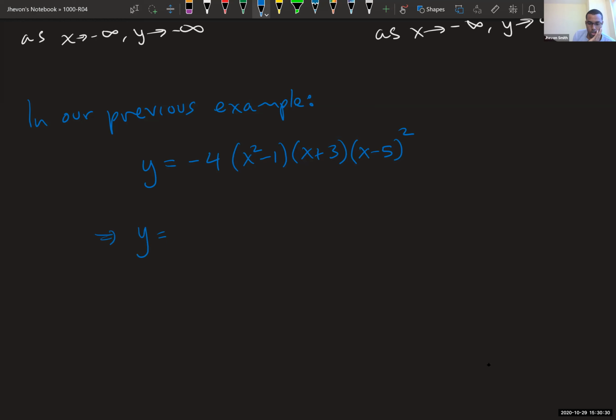Like if I were to multiply this out, I would definitely get a minus 4x to what power? X to the fifth. How did you get that? I just multiplied the x to the second times x times x times x. Okay, can you give me a short rule?